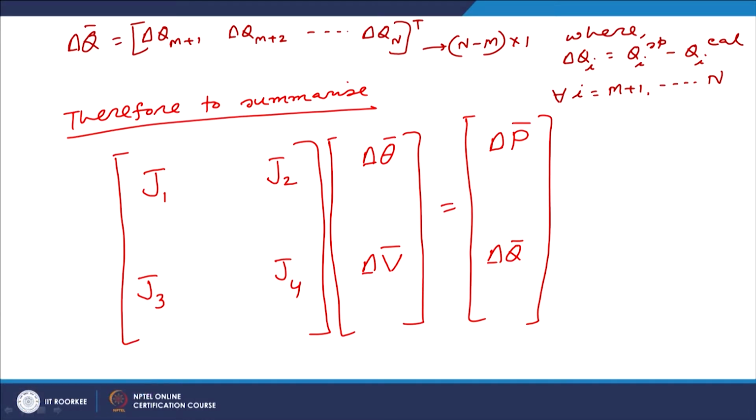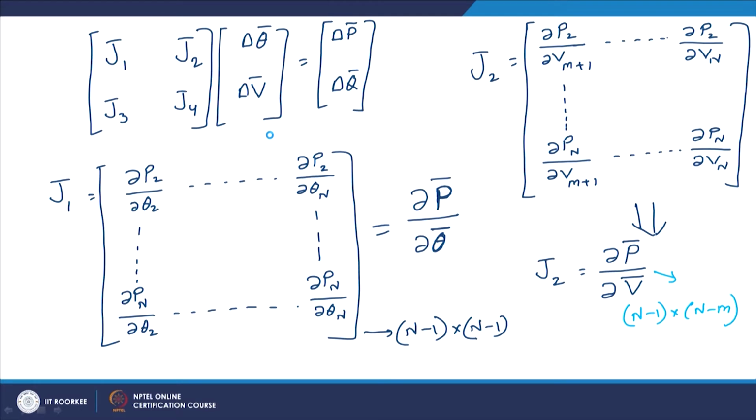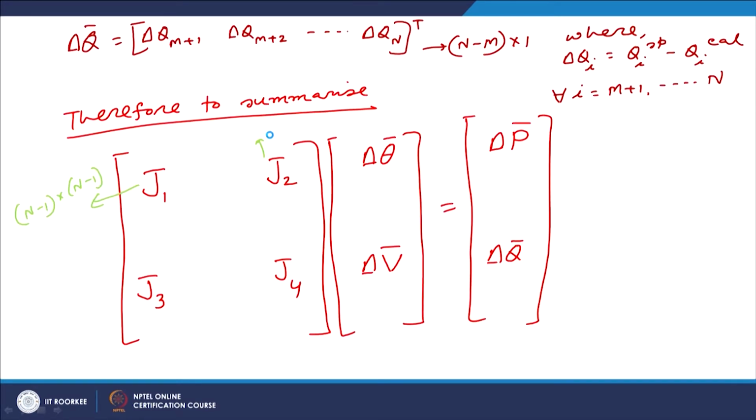So this is n minus 1 cross n minus 1. J2, what would be the J2 dimension? It is n minus 1 cross n minus m. What is the dimension of J3?